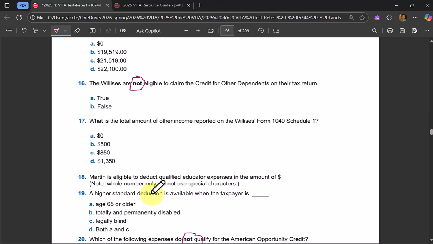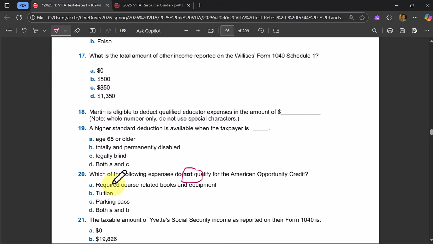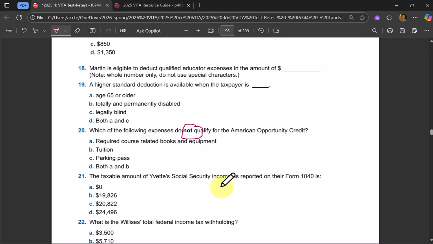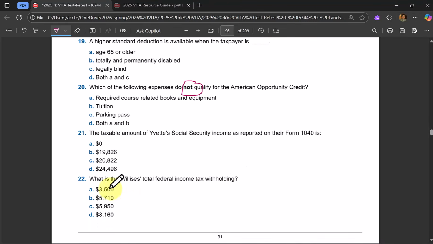And the standard deduction for our couple, keeping in mind they get the regular standard deduction plus anything for age, if either one of them is 65 or older or blind. And again, American Opportunity Tax Credit. How much of Yvette's Social Security income will be taxable? And the total amount of federal income taxes they've already paid through withholdings.